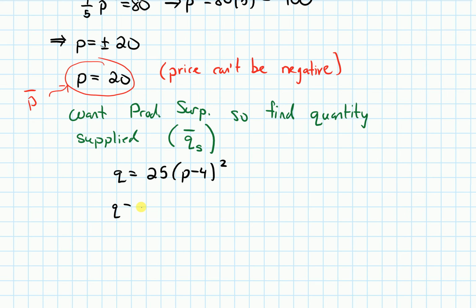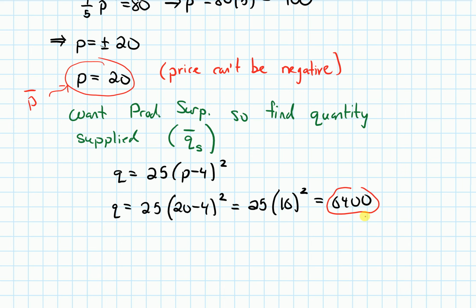Q equals 25 times (20 minus 4) squared, which equals 25 times 16 squared. Working this out gives us 6,400. That is our quantity supplied, Q bar with subscript s, because I care about the quantity supplied for the producer surplus.